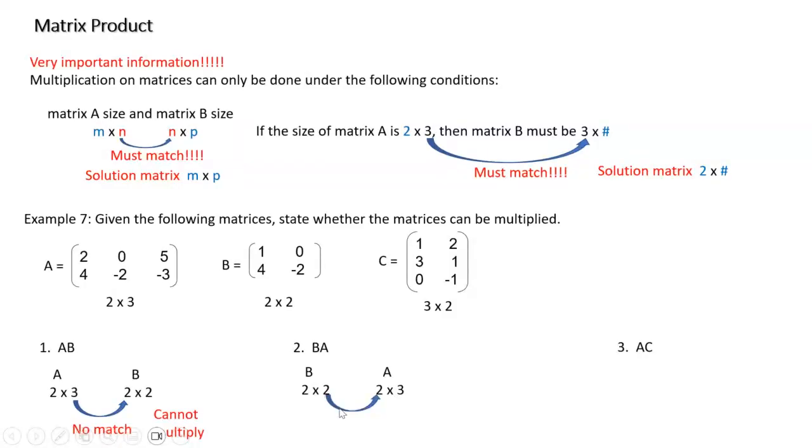Can we multiply them? Yes, we can, because the two in the middle match. And the answer will be a 2 by 3 matrix. That'll be the solution, the size of the matrix. Next one, number 3. We have matrix A is a 2 by 3, and matrix C is a 3 by 2. Right, the two in the middle match, so yes, this can be done. And the answer will be a 2 by 2 matrix.